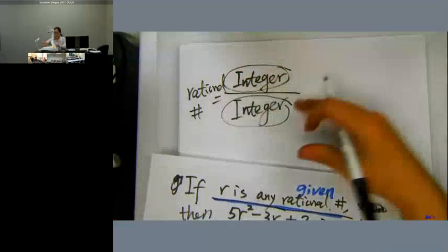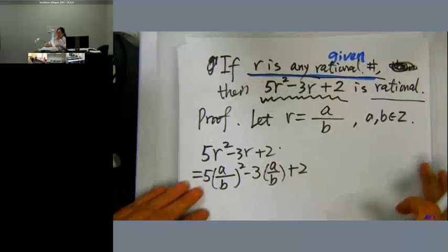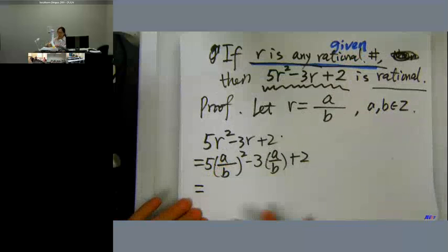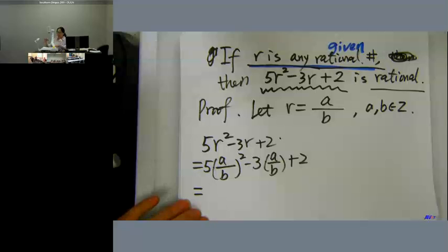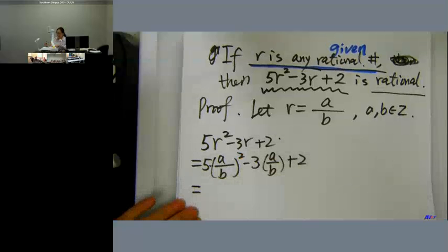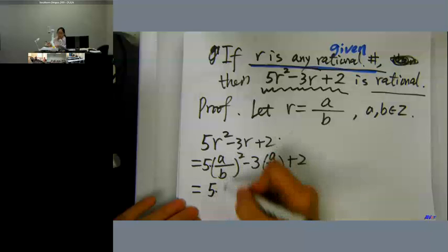You cannot have something plus something minus something plus something. So it does not have that form yet. We have to use algebra to continue to work this out and simplify it to get a single integer on the top and a single integer on the bottom. By the order of operations, you have to do the exponent first, which is, what's A over B squared?